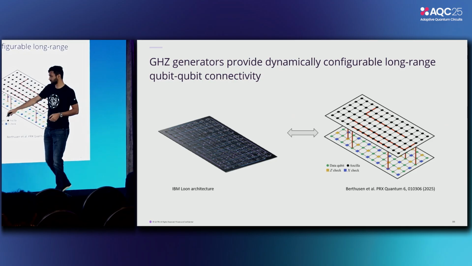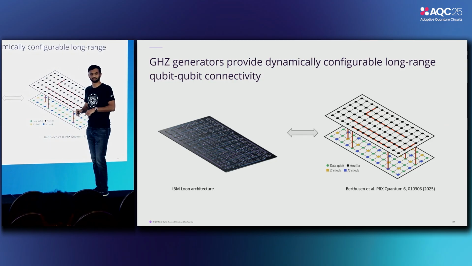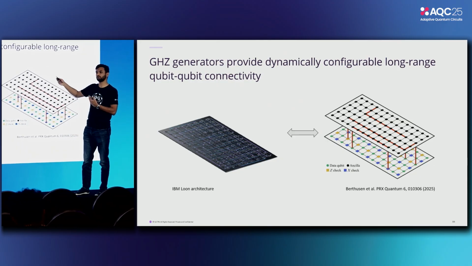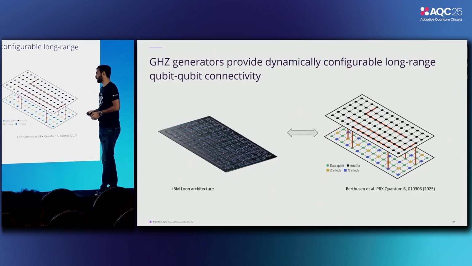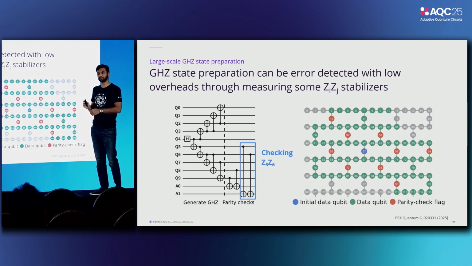One can even imagine taking this Loon chip and adding one more, if it was possible from a fab point of view, to essentially get even more connectivity on demand. So for GHZ states, there are some nicer things we can do.